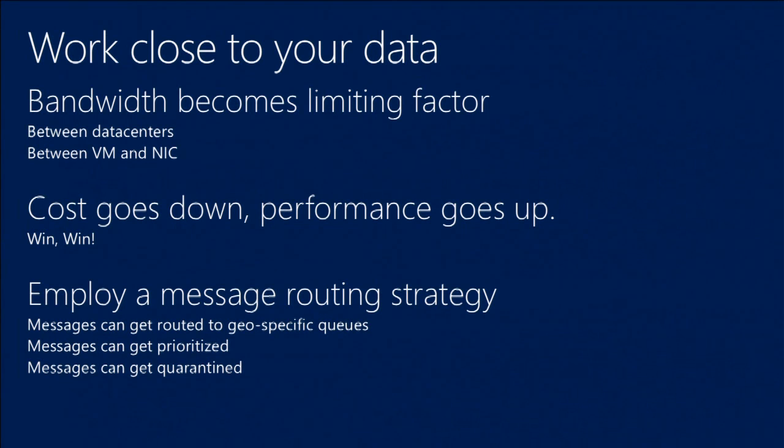Push that message out to North Europe and let the resources working in North Europe do it, right? So we could deploy and dispatch because we had a message routing strategy. This also ensured that our messages got prioritized, and if we saw the same message showing up multiple times, it could be quarantined and gotten out of the system so it quit clogging up the pipes, so to speak.